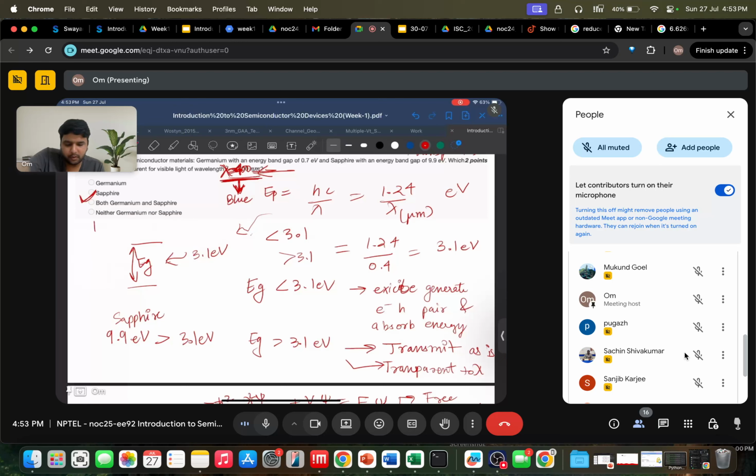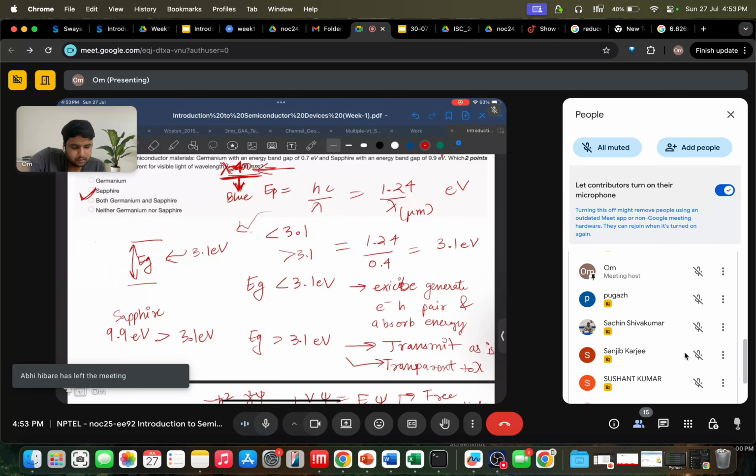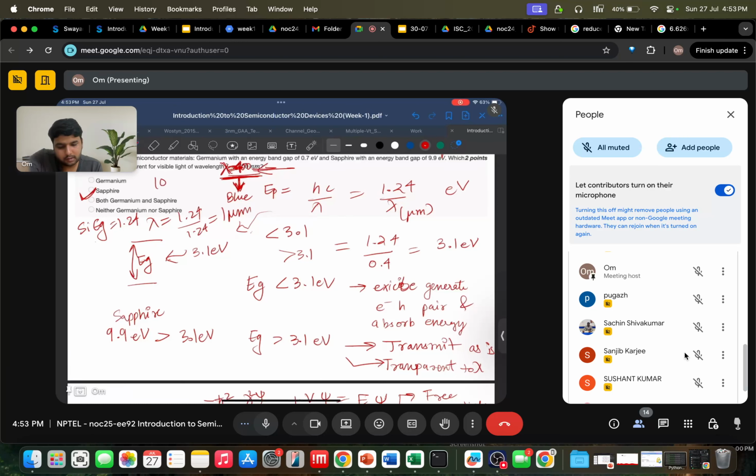Let's say for 1.12 electron volt of silicon, what is the required wavelength? Let's just consider silicon's EG to be 1.24. So lambda will be 1.24 by 1.24, which is 1 micrometer, that is 1000 nanometer.